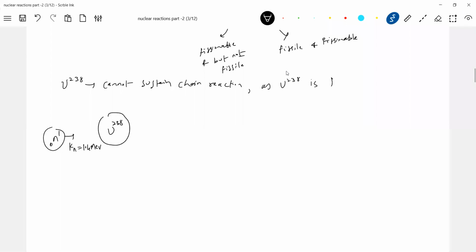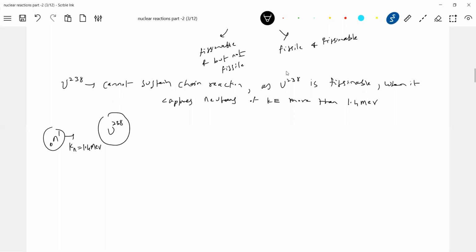Next, I'll put it again: uranium-238 is fissionable when it captures neutrons of kinetic energy more than 1.4.